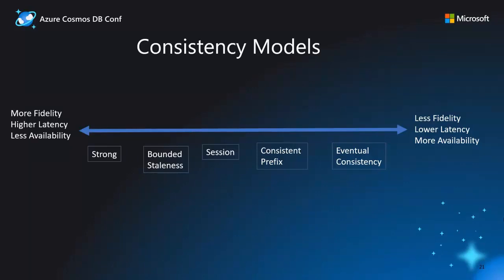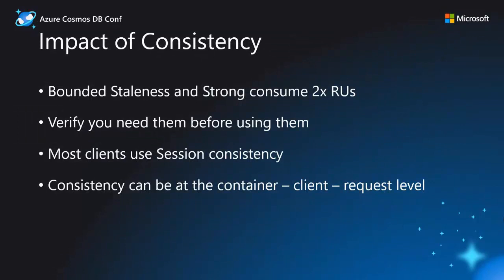So this is a really easy way to get a benefit on decreasing your request units. Bounded staleness and strong, as I mentioned, consume about double the request units of the other consistency models. Because these are more expensive, you should really verify that you need them before using them. Otherwise, you might be consuming double the RUs for these operations.